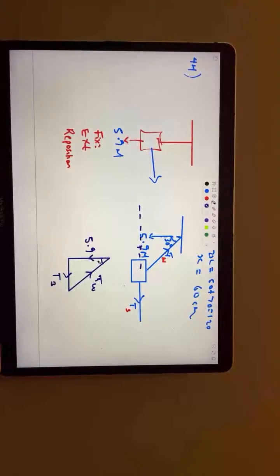And the angle between them is 30 degrees. So that is it. Please let me know if this fix, extend, and reposition makes sense to you. Does it make sense to you?